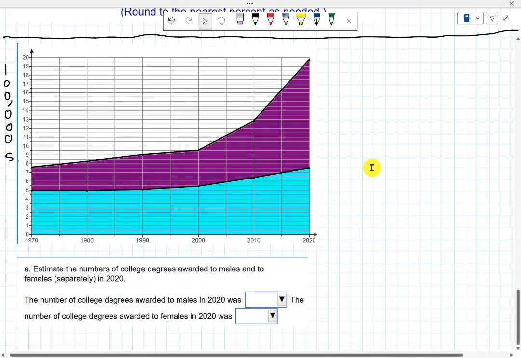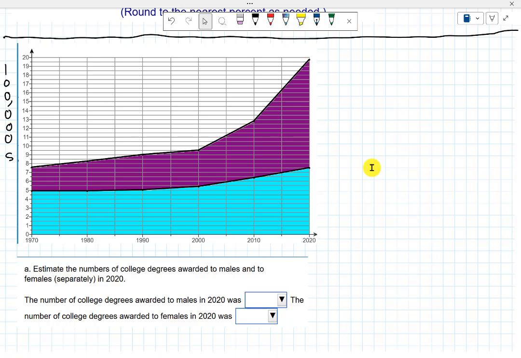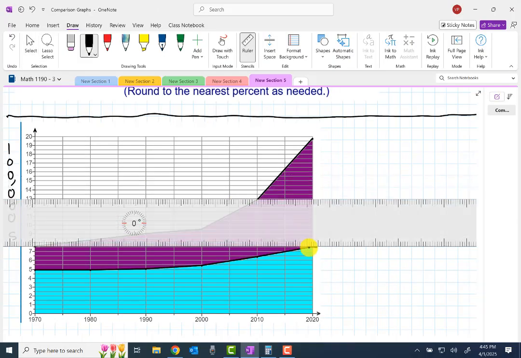Here's our first question. Estimate the number of college degrees awarded to males and to females separately in 2020. 2020 is the last year. So right here, that's the males there. So whatever line that is on, I'm going to use. Let me grab the ruler. Let me put it right at the top.